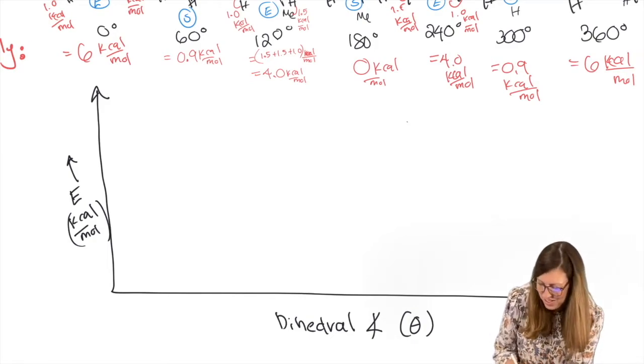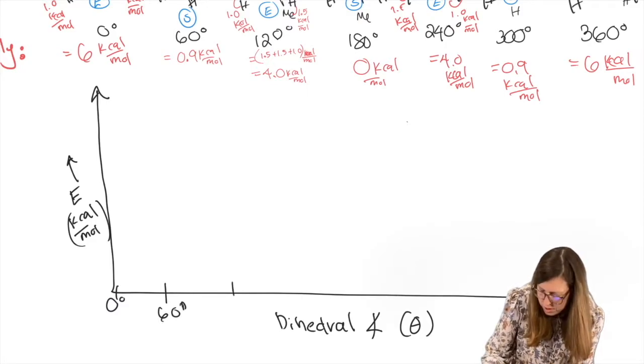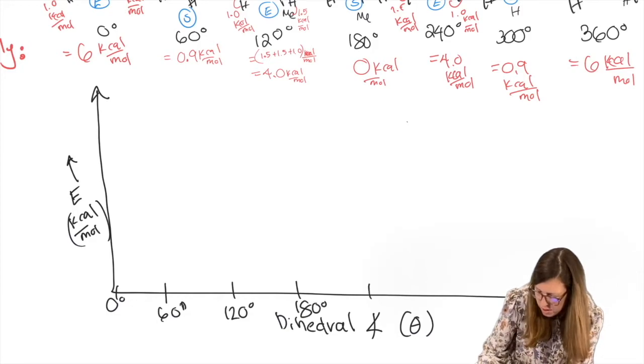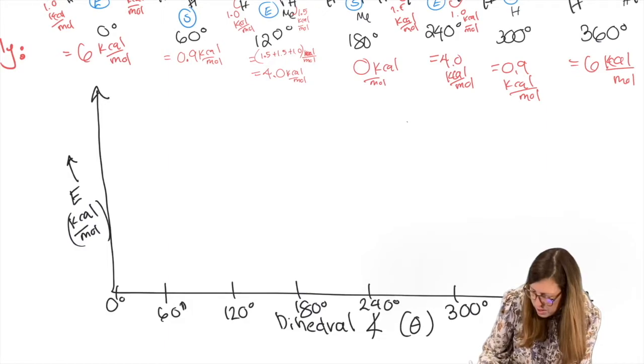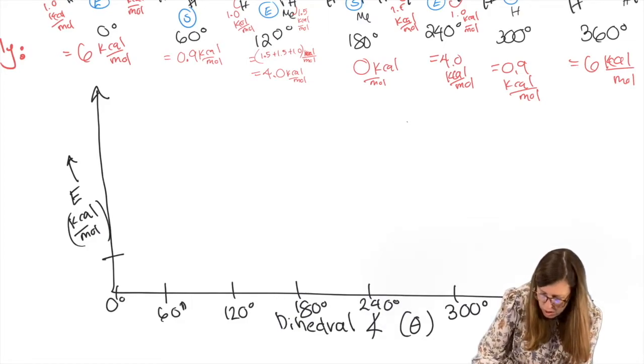Okay, now, I like to start at 0 once again, but it's not mandatory, as long as you go the full circle. 0, 60 degrees, 120 degrees, 180 degrees, 240 degrees, 300 degrees, 360 degrees. In blue, I'm going to put our coordinates. At 0, oh, I didn't fill in my y-axis again. 1, 2, 3, 4, 5, 6.